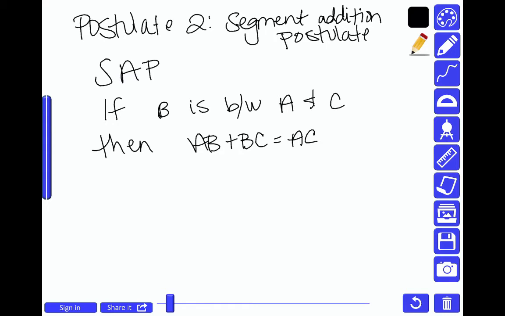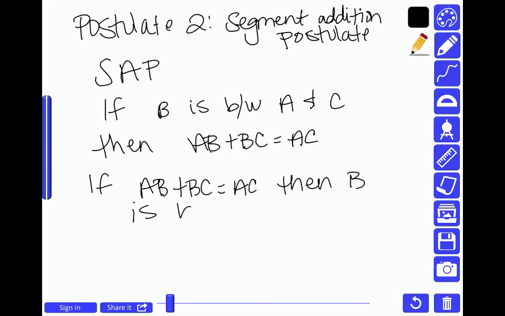Again, remember this is a postulate, so we do not have to prove that. We also know that if AB plus BC equals AC, then B must be between A and C. Remember that this right here is talking about distance, which refers to the first postulate, the ruler postulate.